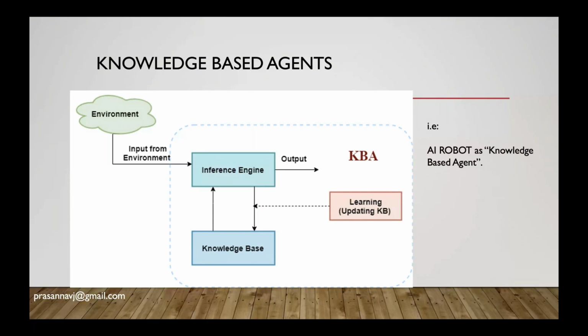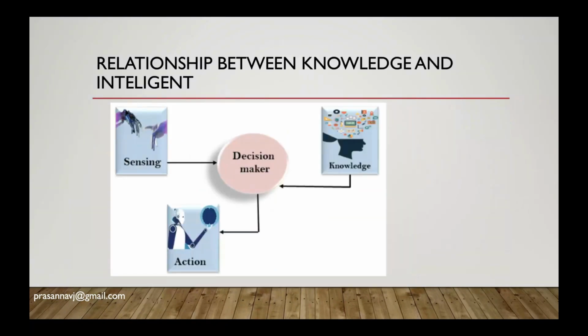To go to the next level, decision making happens at the robot every second. There is sensing that happens, and the knowledge base is giving the intelligence required for the decision making. Based on the knowledge that it receives from the knowledge base and the sensing input, it takes a decision in terms of what action it has to perform.